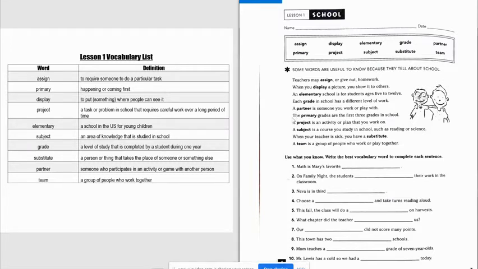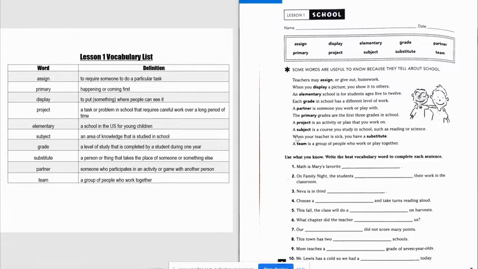So primary grades are the first grades of school. A project is an activity or plan that you work on. Same thing over here, project: a task or problem in school that requires careful work over a long period of time. I'm sure you have had many school projects before.